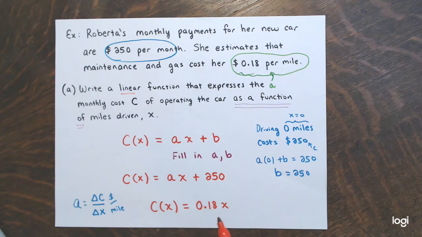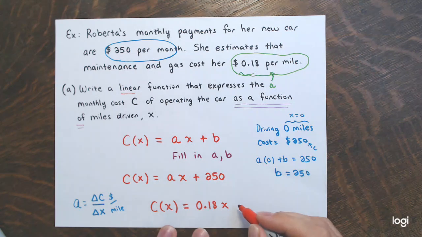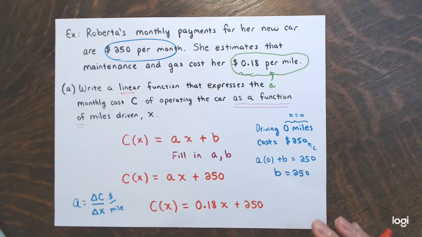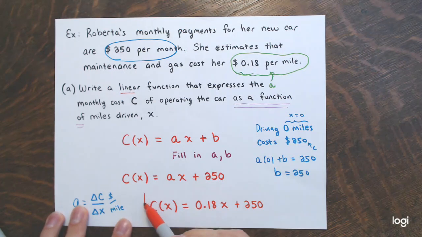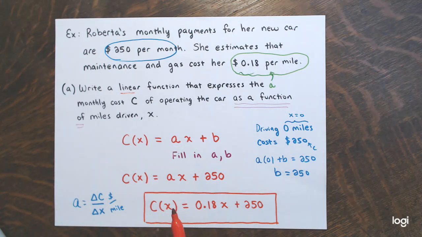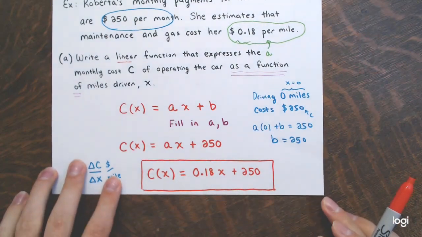So this is the cost of driving X miles. And then on top of that, the $250 monthly cost, right? The cost for just having the car for the month. Okay, great. There is our linear function describing how much it costs to drive X miles in a month with this new car of Roberta's.